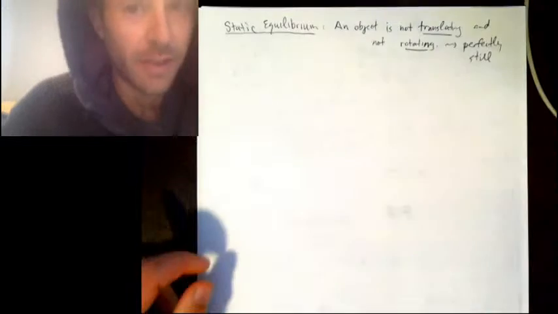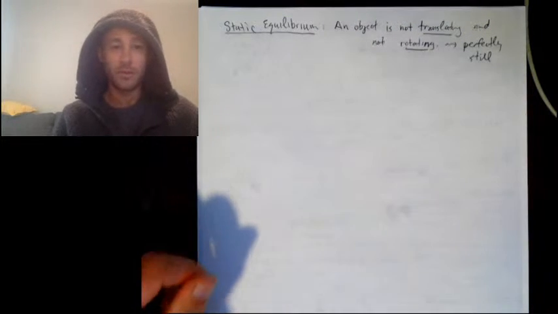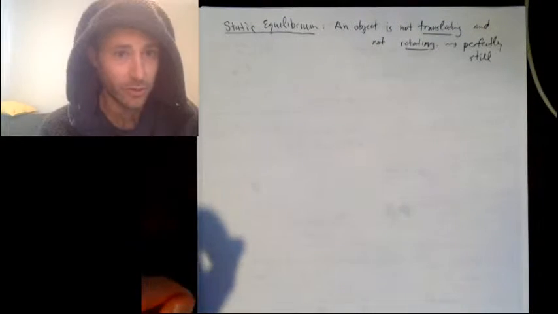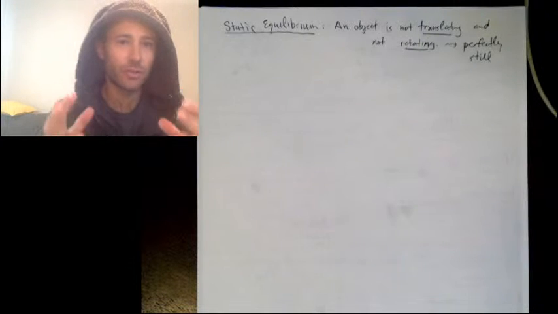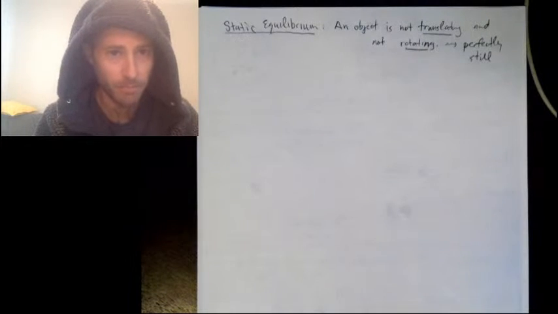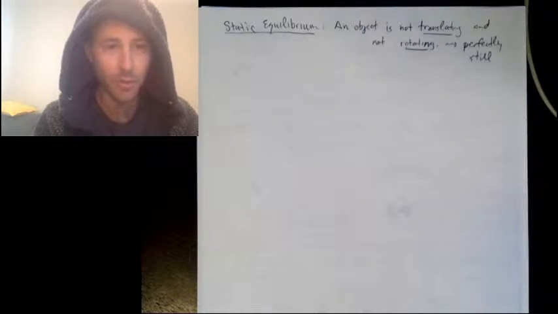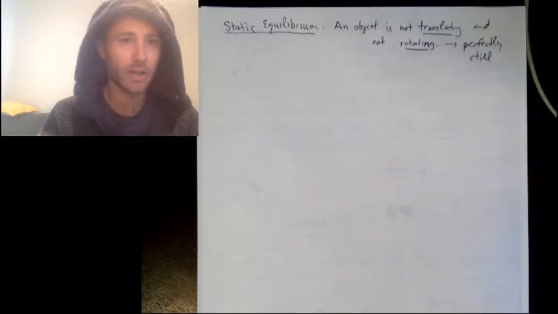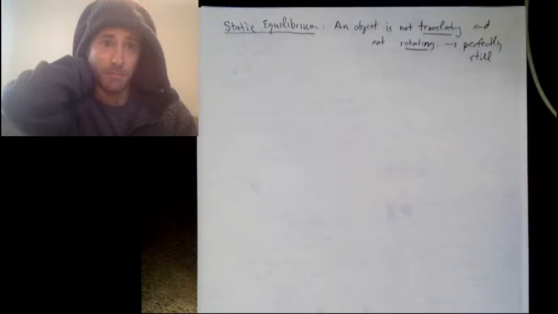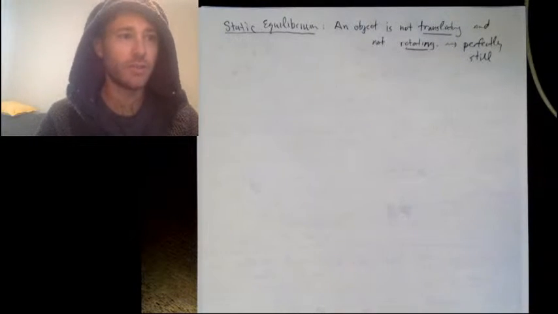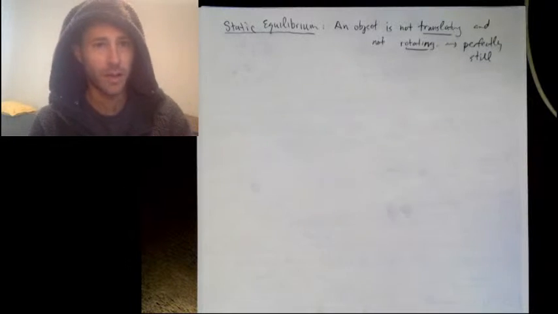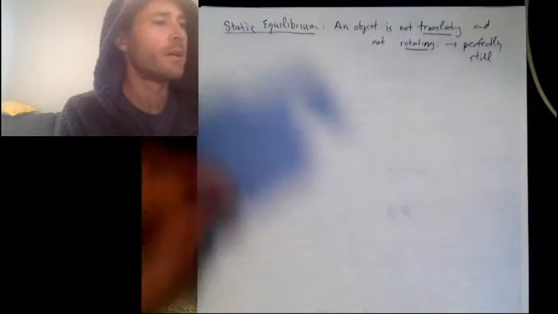And so that's why static equilibrium is really useful for engineers. Engineers design structures to be in static equilibrium. If you make a building and it's not in static equilibrium, that's really bad. So engineers, mechanical engineers, are thinking about static equilibrium all the time.